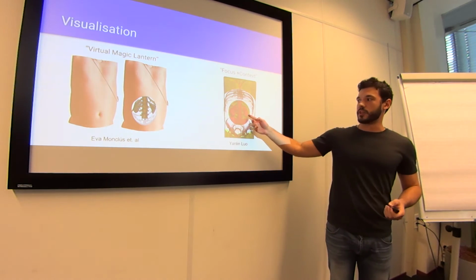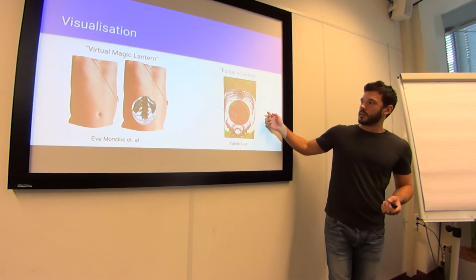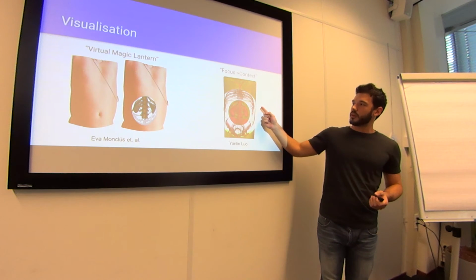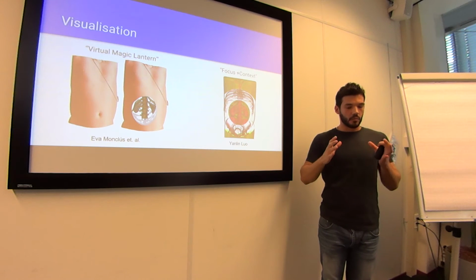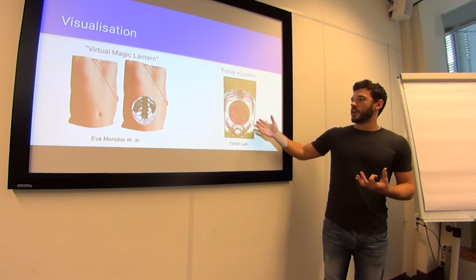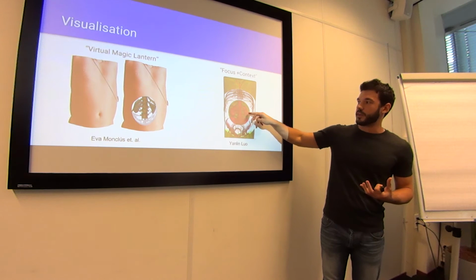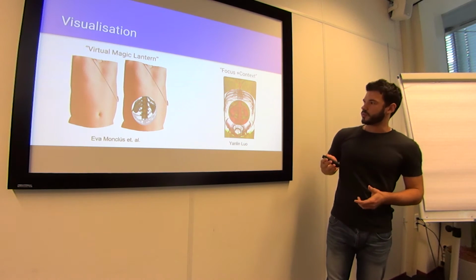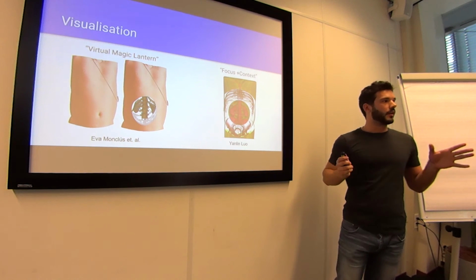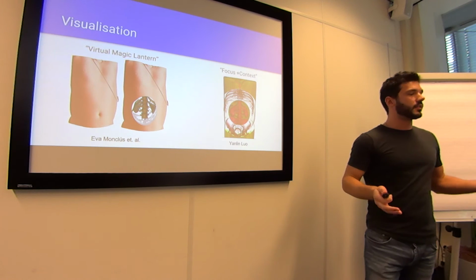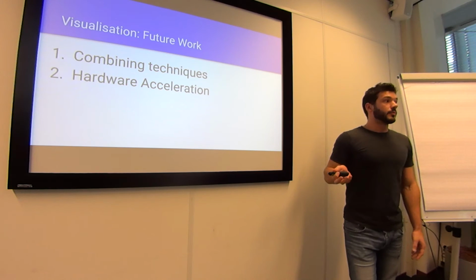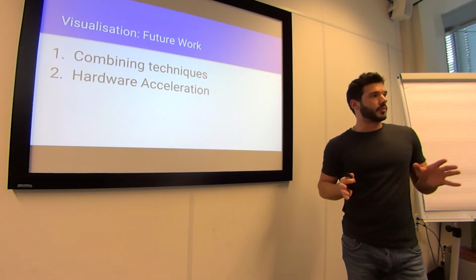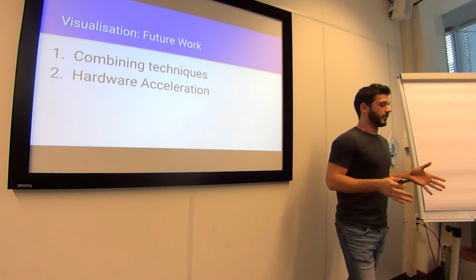So for example, if you're trying to look at the kidneys, then the objects that are closer to it are going to be more in focus and more detailed, and the objects further away from it will be more transparent, and sort of out of focus.